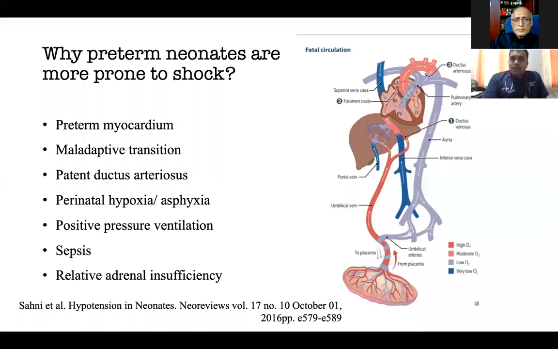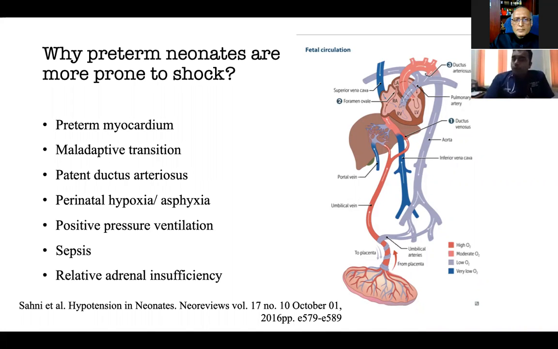Next is perinatal hypoxia or asphyxia, which can happen in both term and preterm babies. Hypoxia stimulates the release of catecholamines, causing increased systemic vascular resistance and increased afterload, which again predispose neonates to shock.